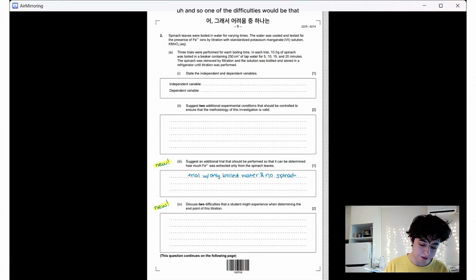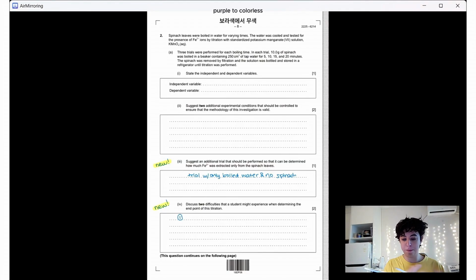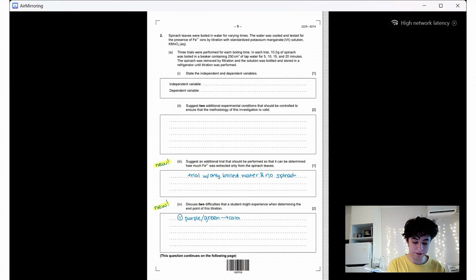Okay. And so one of the difficulties would be that rather than purple to colorless, it would be purple to green, which would make the colorless a different color than usual.